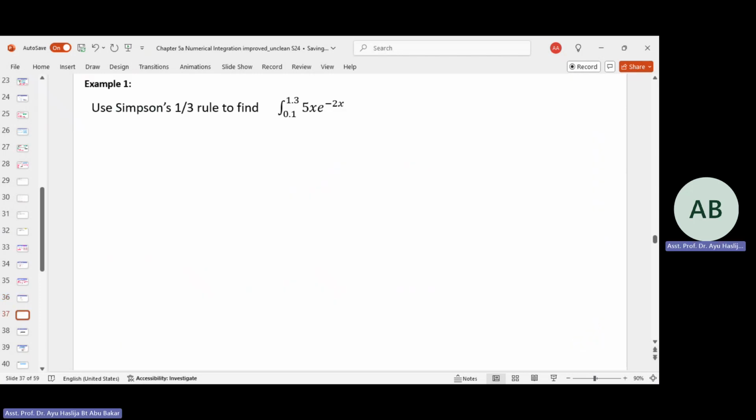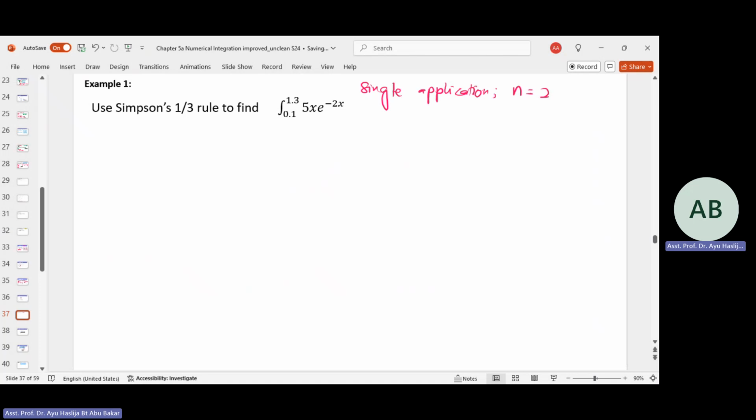Now, we try this example so that you understand how to apply the Simpson 1/3 rule. This question doesn't mention the n as well, so we assume single application, which is n equals 2.